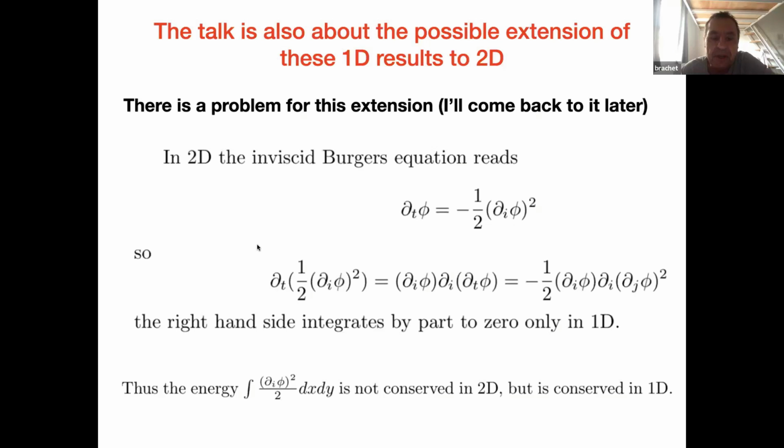You can very well see, it takes two lines of algebra, that when you compute the derivative of the velocity square, this term integrates by parts only in 1D. It gives 0 only in 1D, and in 2D it doesn't vanish. Thus the so-called energy, which is the integral of the square of velocity, is not conserved in 2D, but it is conserved in 1D. And this is a problem. I'll come back to it later.